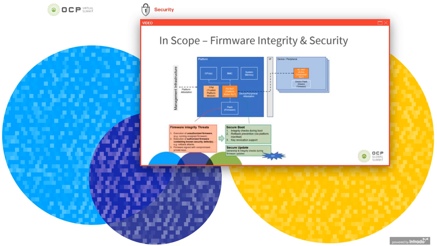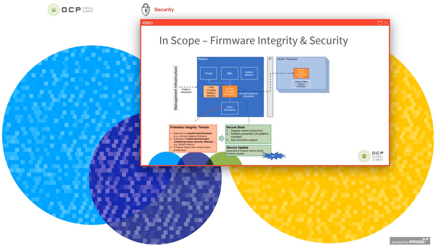First set of threats are basically around firmware integrity, or in another word, how do you know that you're executing the properly signed authorized firmware and not some rootkit? The threats could be like execution of unauthorized firmware.